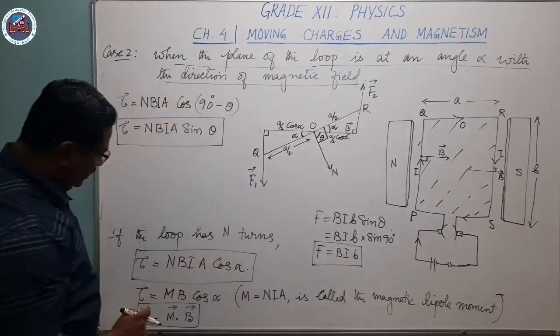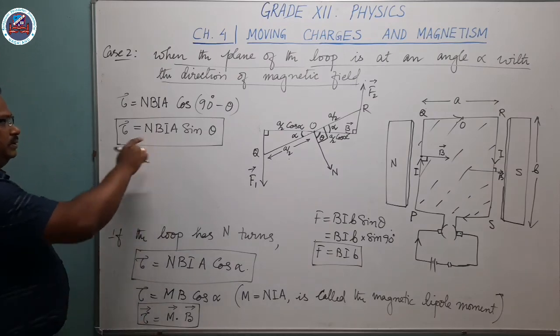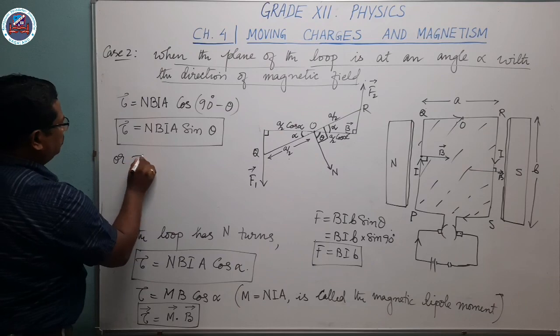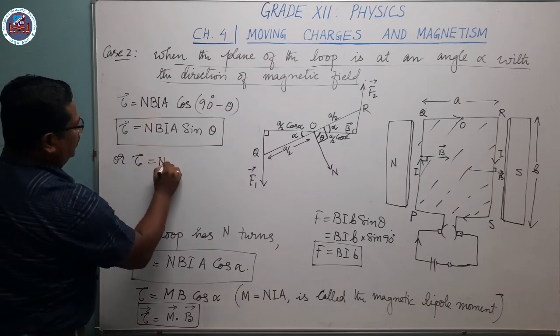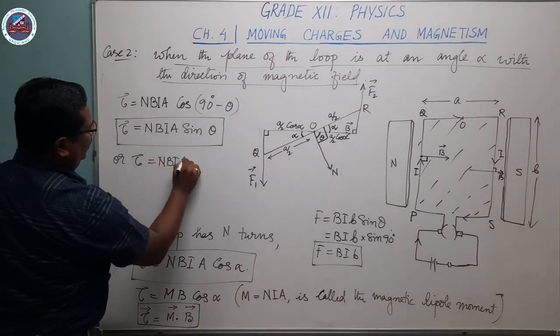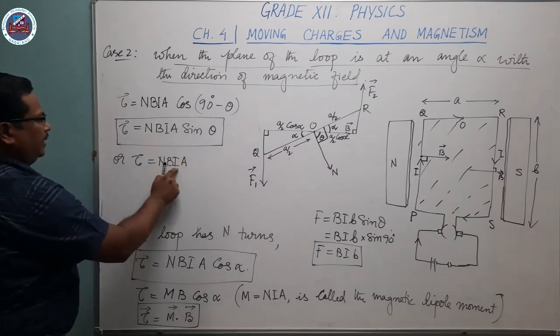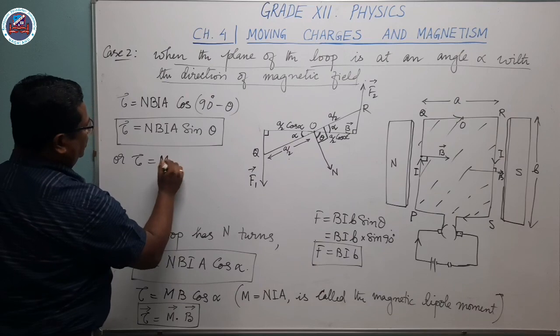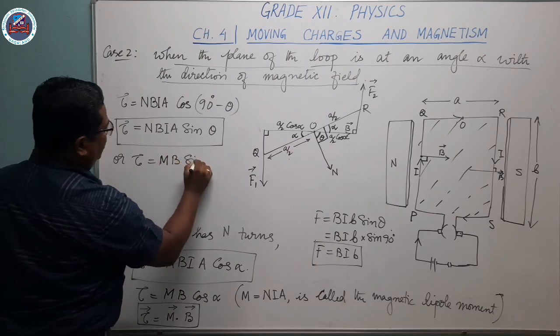You need to be careful about when to use cos and when to use sine. This can also be written as torque is equal to NBIA. The NIA is your magnetic dipole moment, so M times B sin theta.